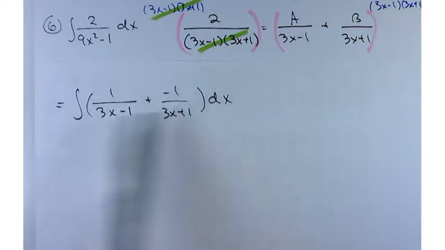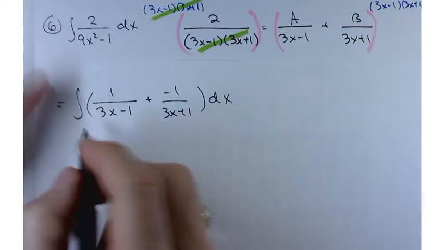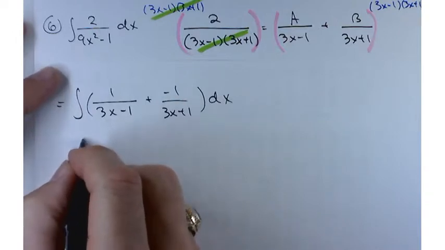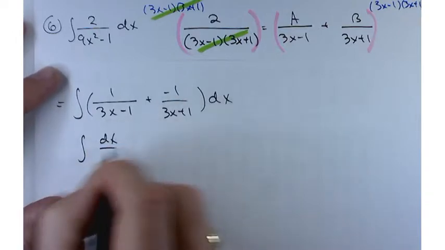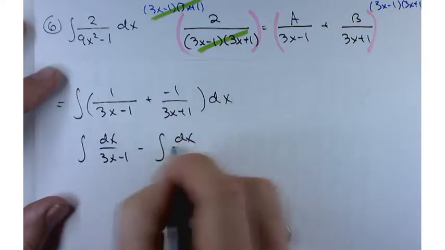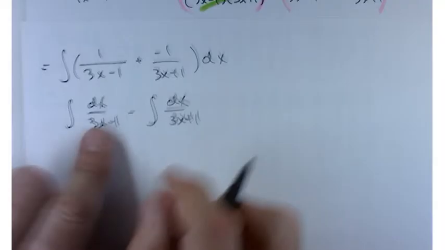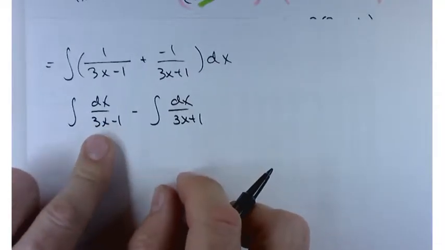Yeah, what am I going to use to integrate these? Natural log. So you could split it up if you'd like. That's the integral of dx over 3x minus 1 minus the integral of dx over 3x plus 1. Maybe you need to use a U substitution.